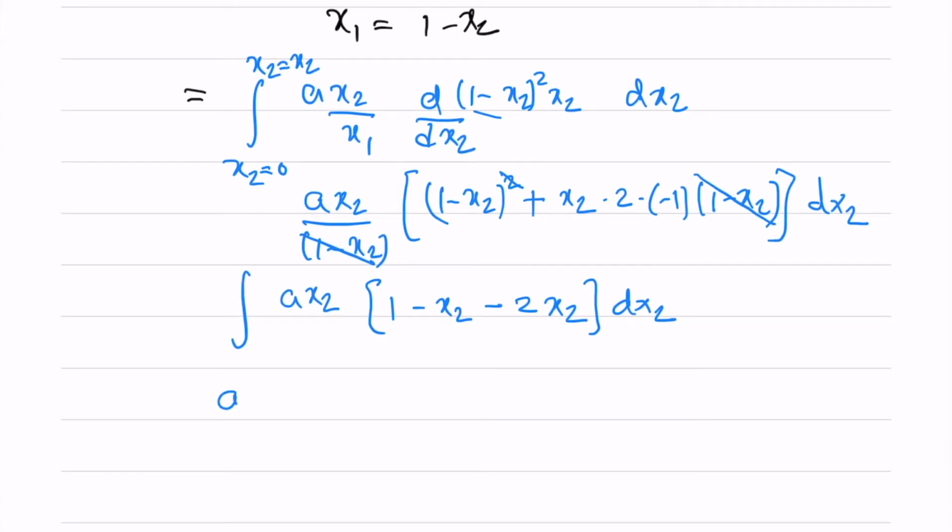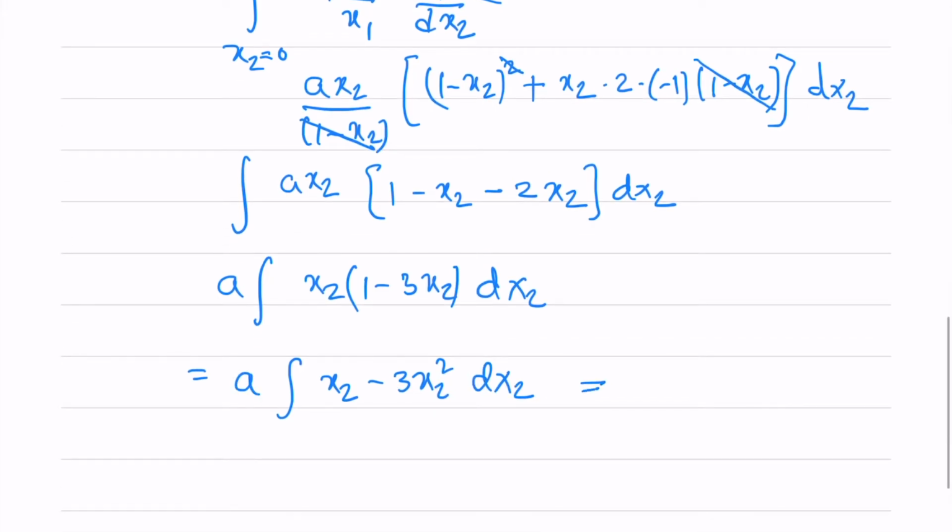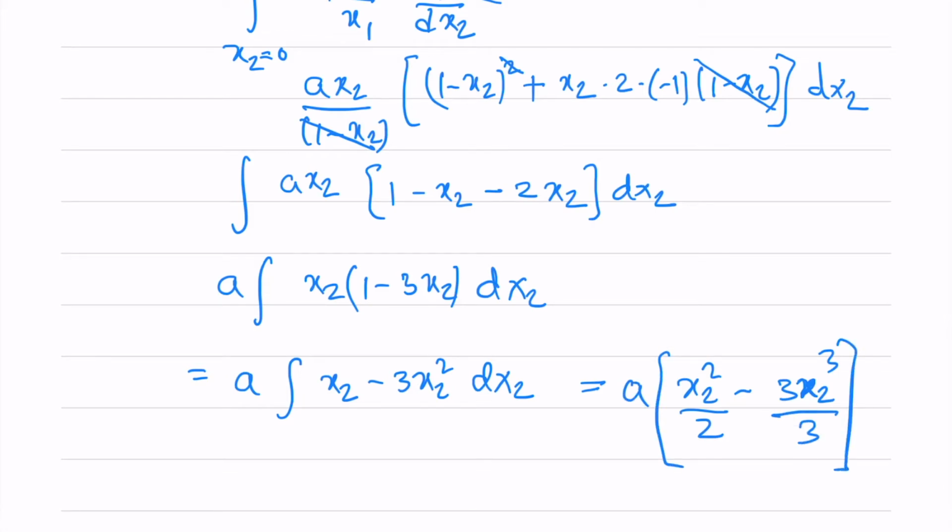Finally I can take A outside. I have the integral of x2 into 1 minus 3x2 dx2, which simplifies to x2 minus 3x2 squared dx2. That would be x2 squared by 2 minus 3 x2 cubed by 3, into A. This is a definite integral with limits from 0 to x2.